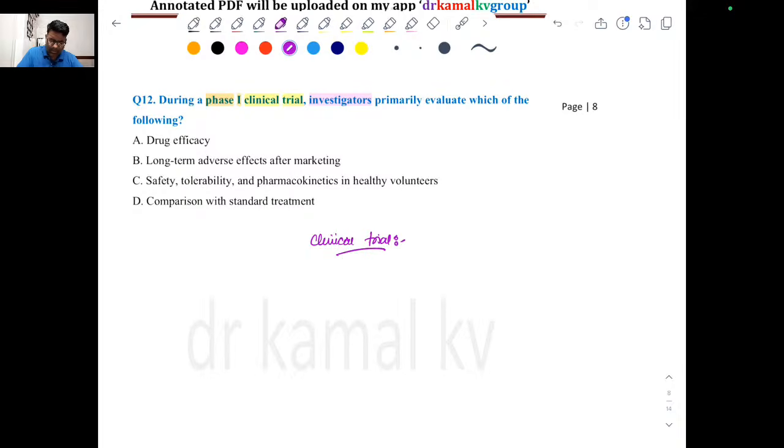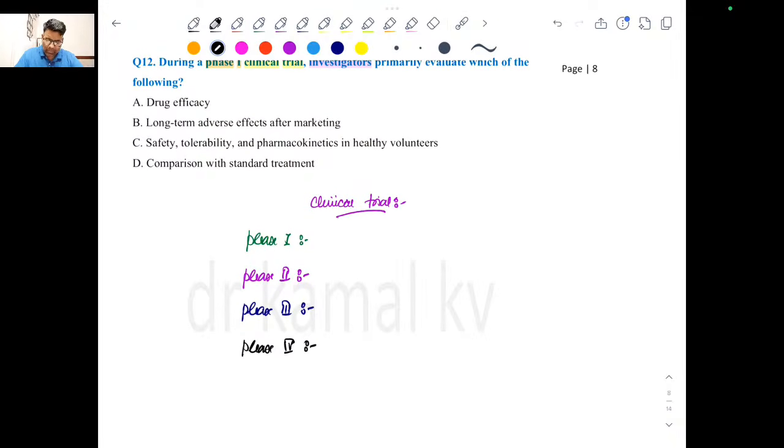Now what is checked in phase 1, what is done in phase 2, what is done in phase 3, and what in phase 4. Yes, Shamim. Now whenever we are planning to introduce a new drug, the very first thing is that we want to make sure that this drug is safer to the humans, right? So the drug should be safer.